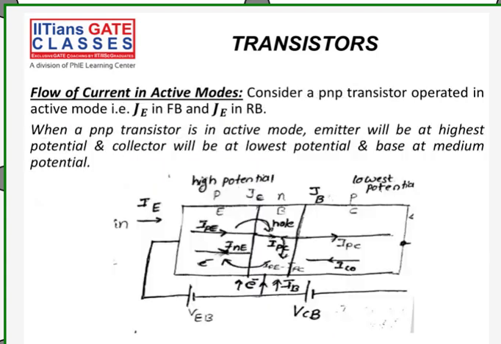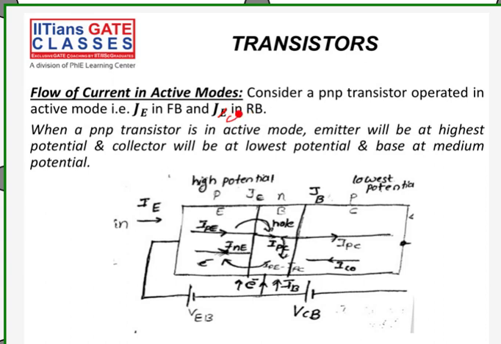Today I'm leaving this, and now I'll start with the active mode, the flow of current in active mode. For active mode, we have emitter junction forward biased and collector junction reverse biased. Here it is not emitter, it is collector.